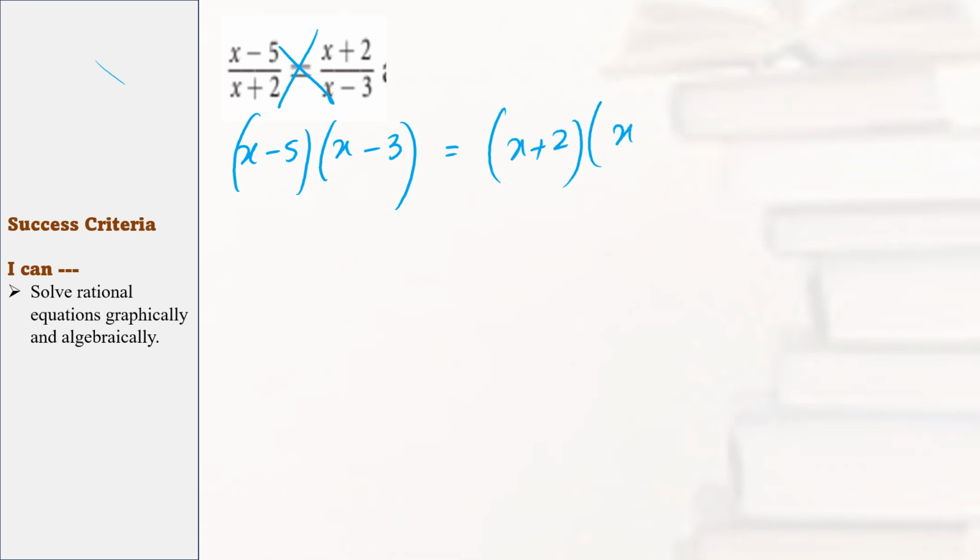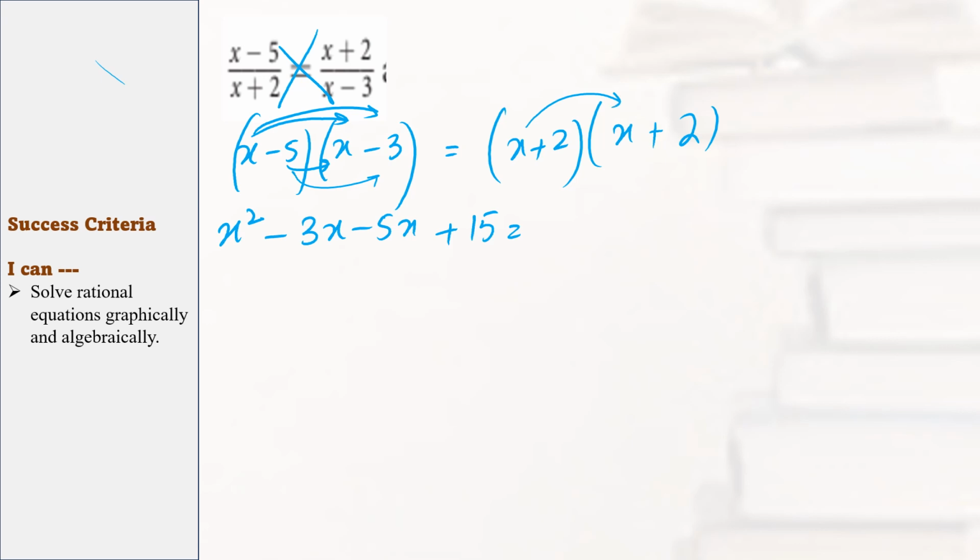Okay, next question. Again, we have to cross multiply: (x - 5)(x - 3) equals (x + 2)(x + 2). Open the bracket. x times x is x², x times negative 3 is negative 3x, negative 5 times x is negative 5x, negative 5 times negative 3 is positive 15.